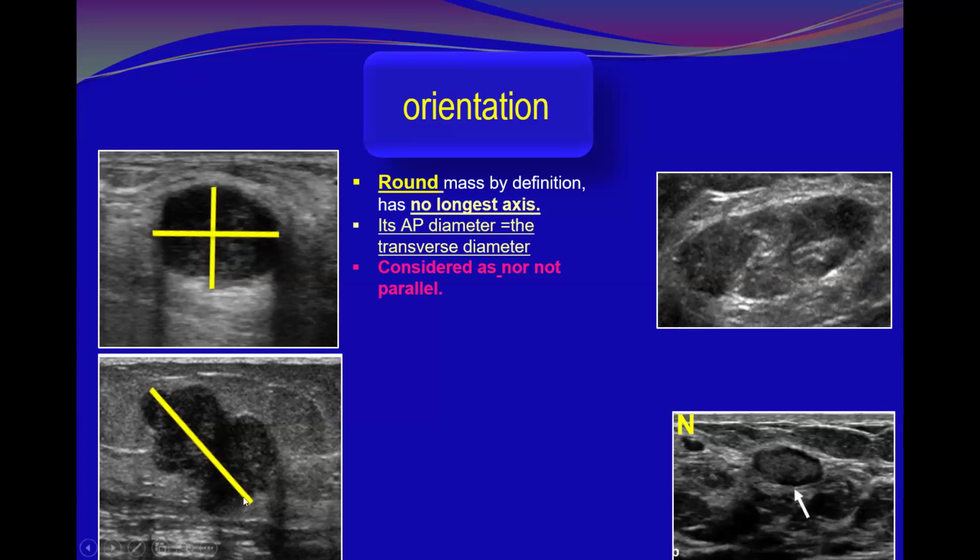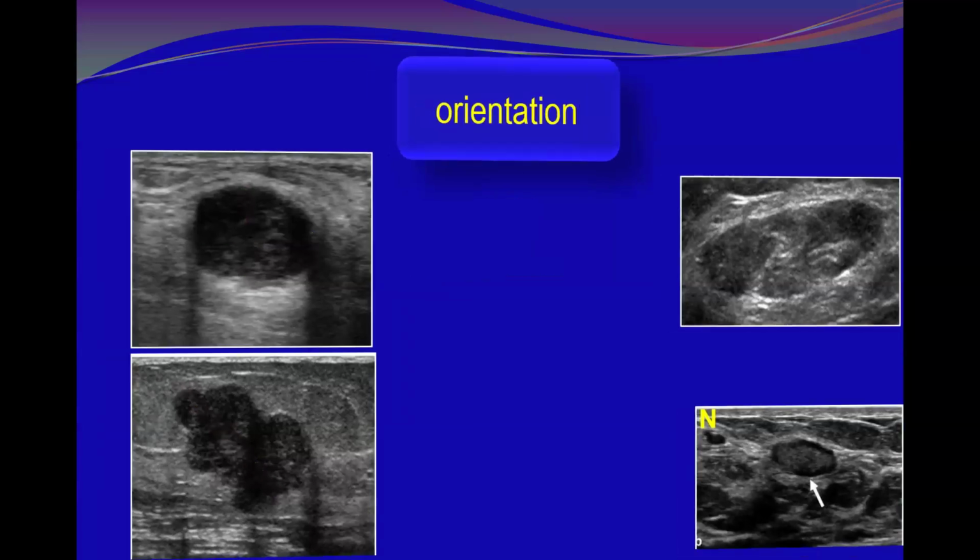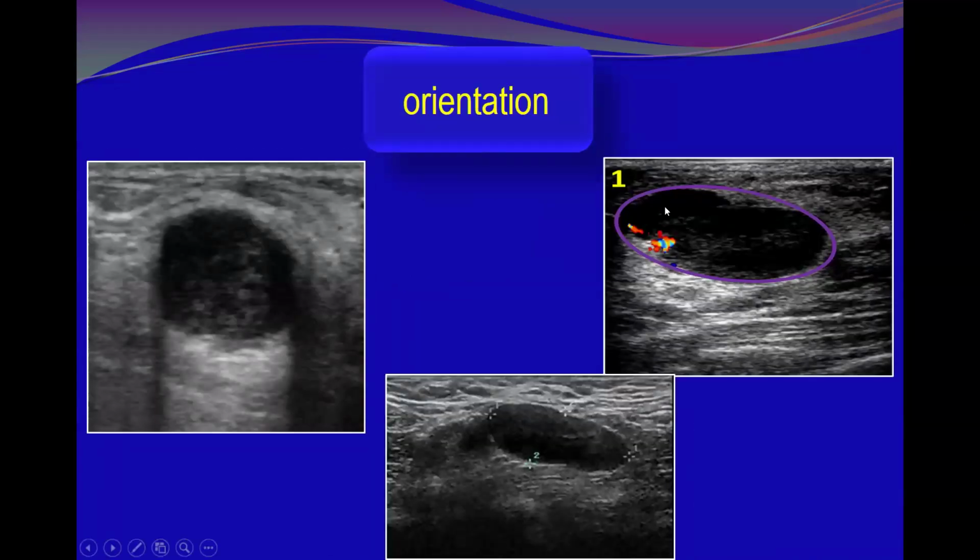This one, the obliquity approaches the vertical rather than horizontal, while this one, the axis approaches the horizontal more. That is the explanation.